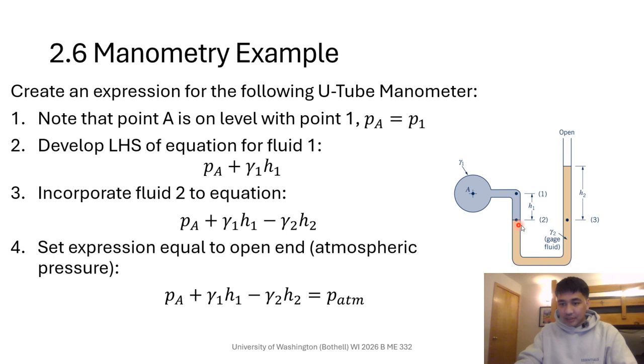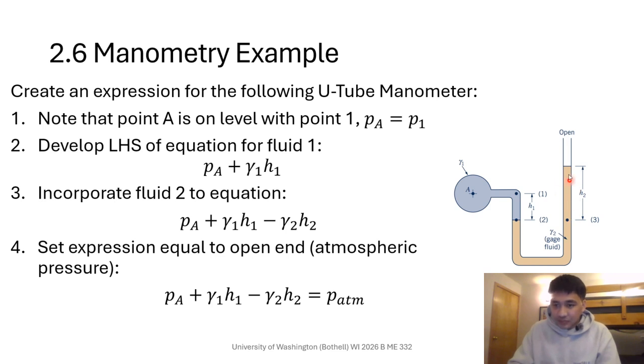From this point here, this 2 to this 3, this is technically the same pressure because the height is the same and the fluid is also the same. So you can just jump over here already. Now we just have to account for this.